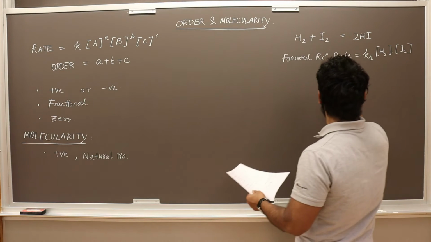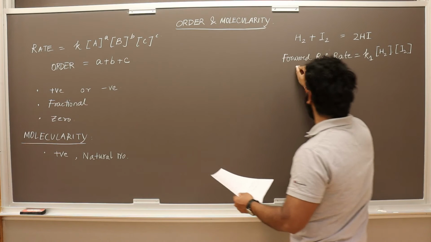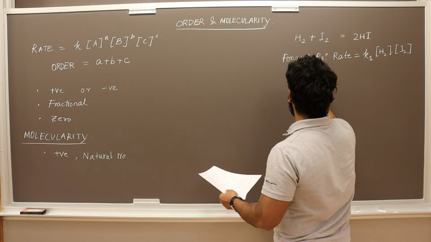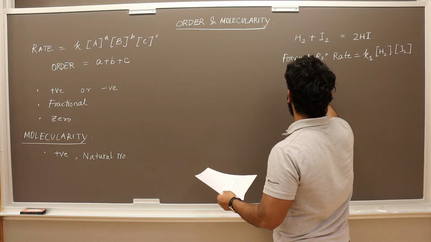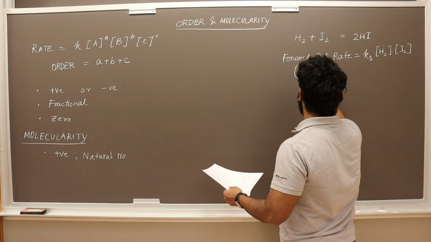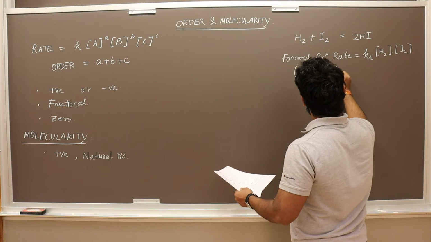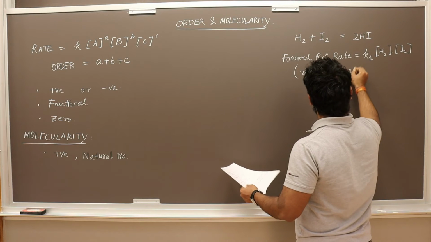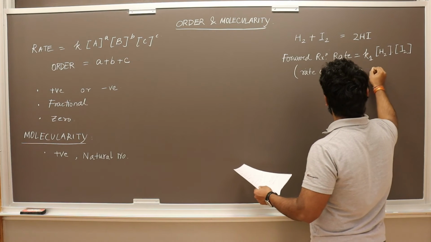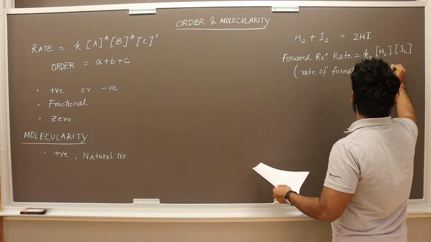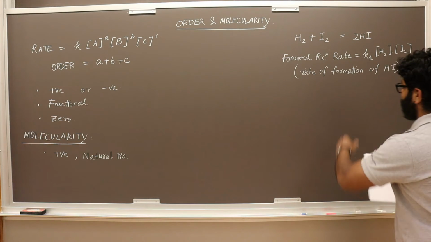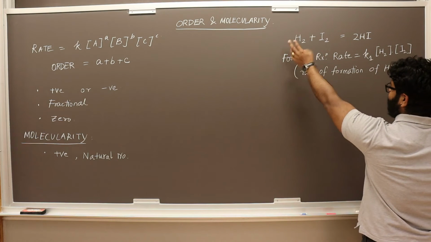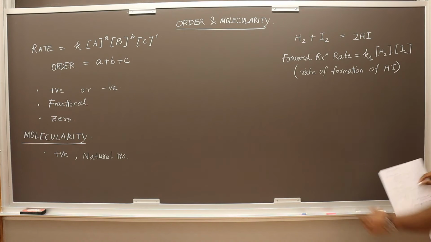So the forward reaction rate is basically the rate of formation of HI, or the rate of consumption of hydrogen or iodine.